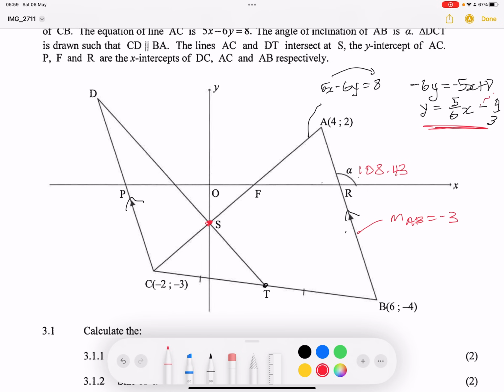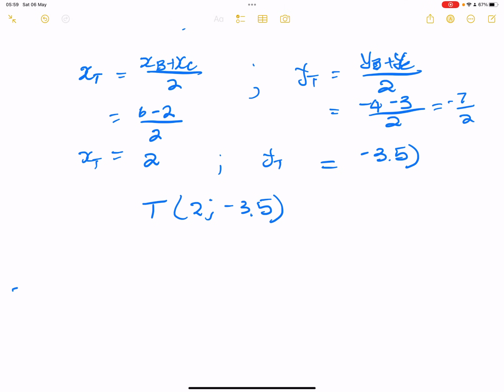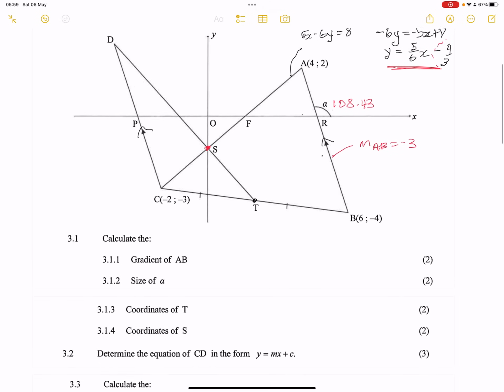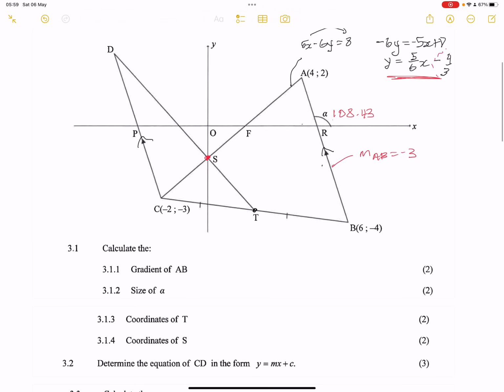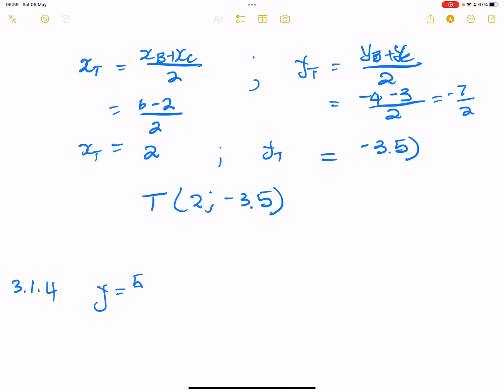So this is our c value, the y-intercept. This is 3.1.4. The equation is y equals 5 over 6x minus 4 over 3.